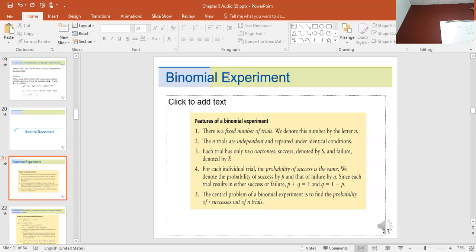And Q, which is 1 minus P, is the probability of failure. We'll be using those letters, P for probability of success, Q for probability of failure.